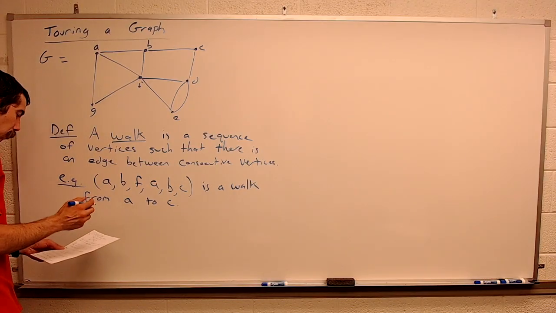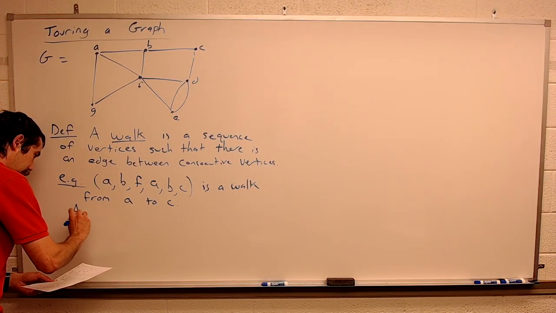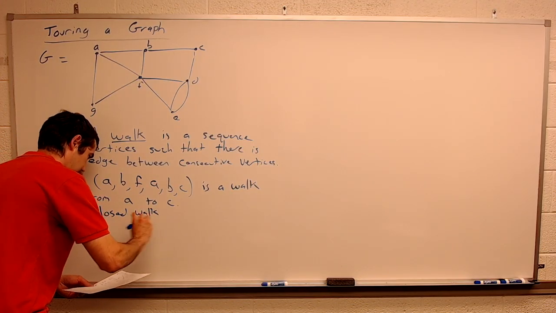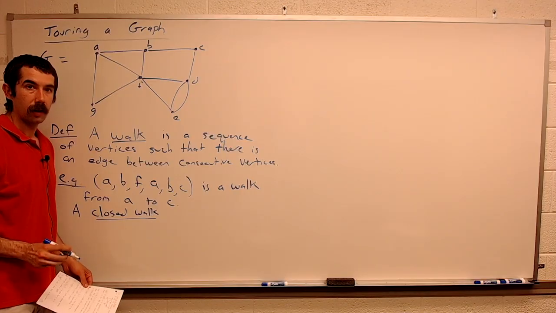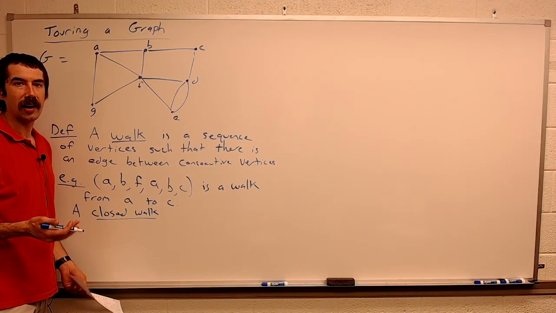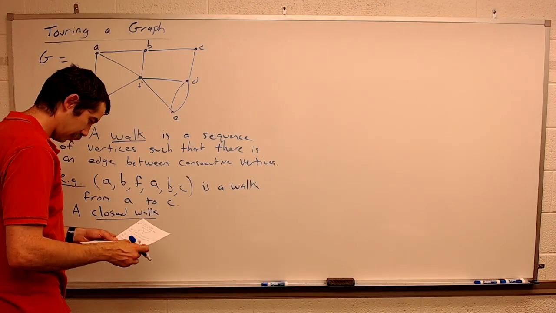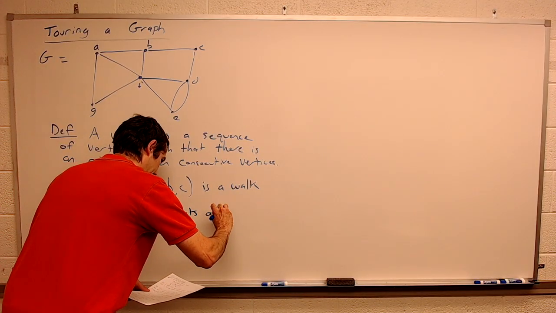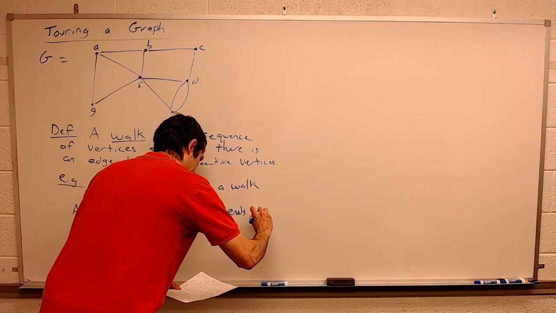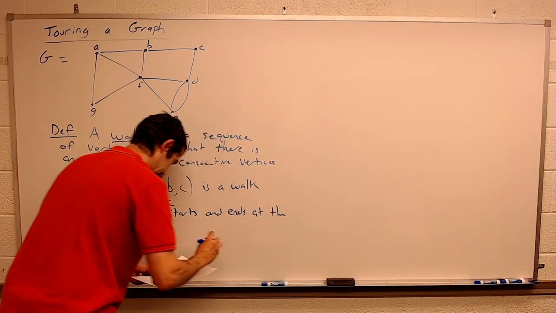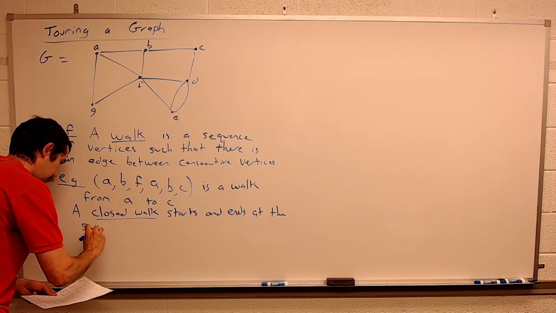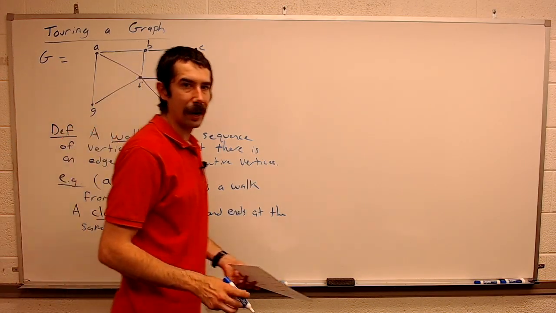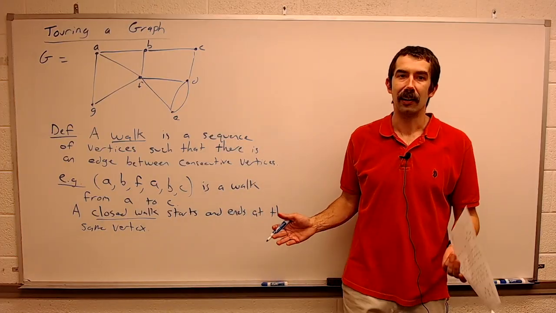Okay, a closed walk needs to start and end at the same vertex. All right, so the example that I just drew is not a closed walk, right?